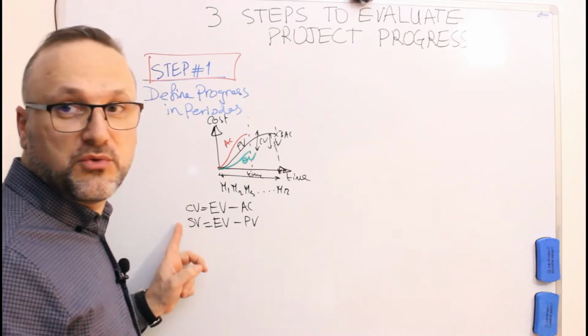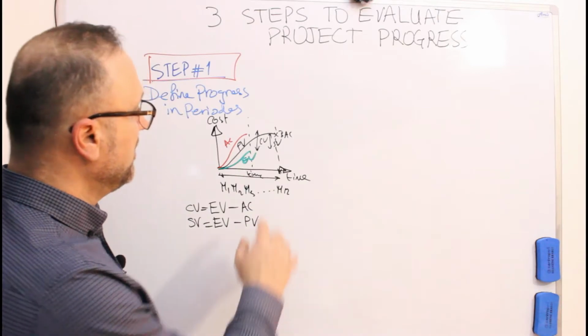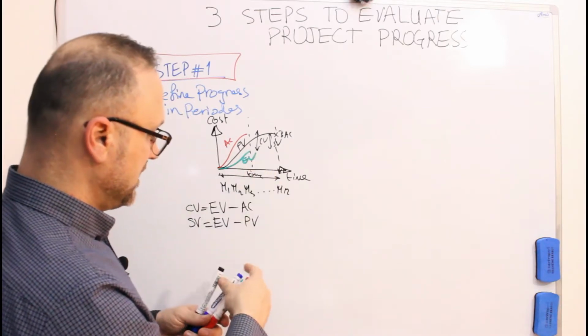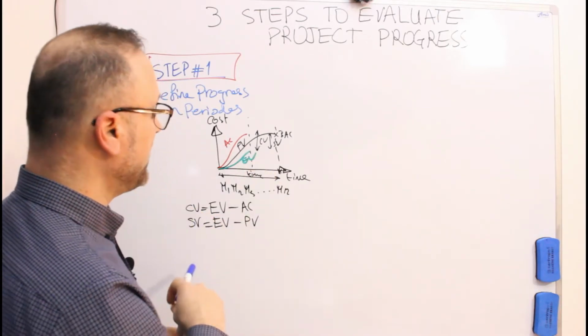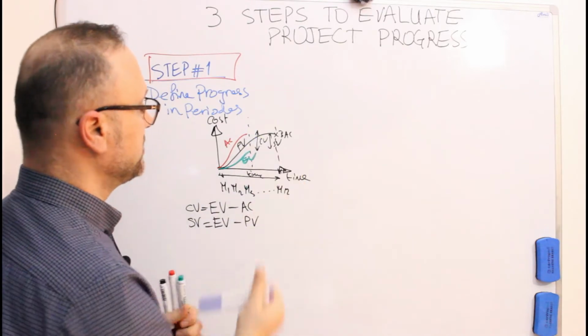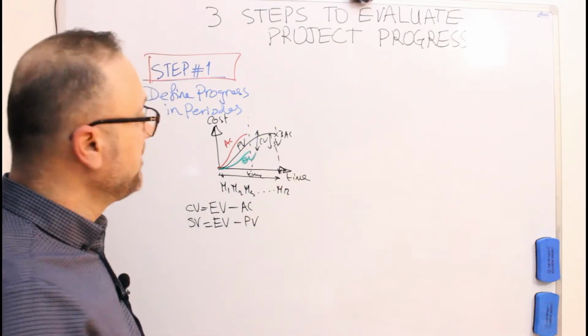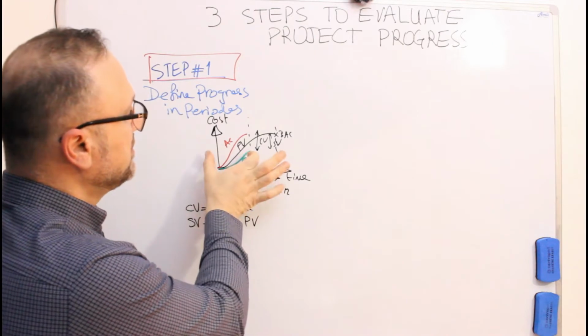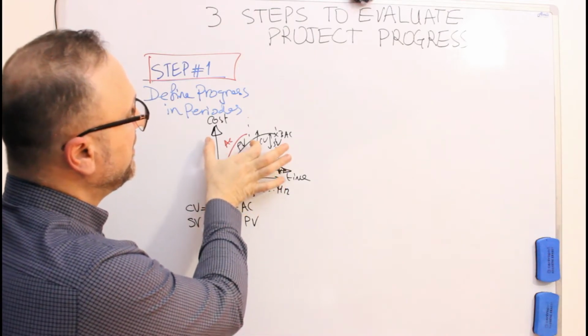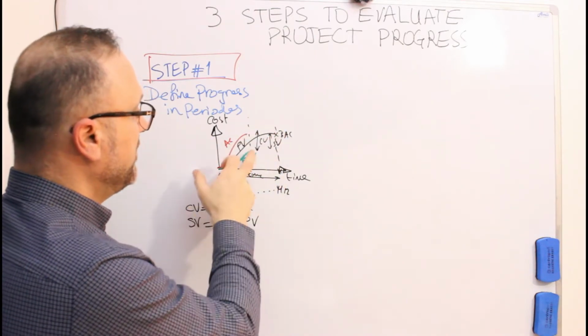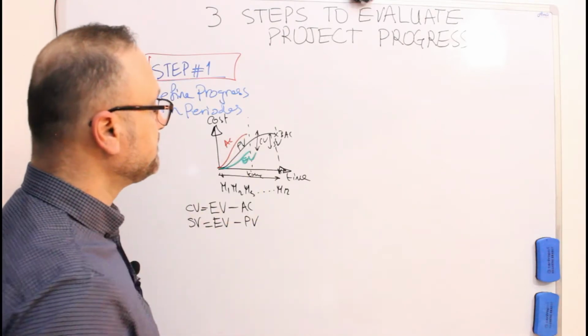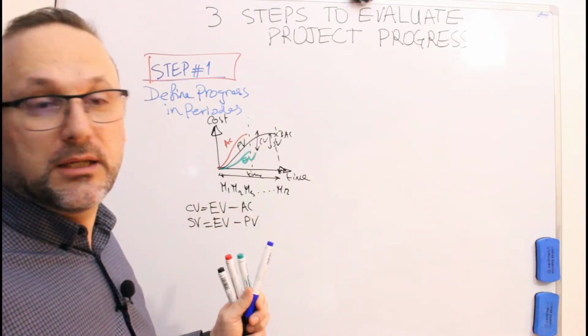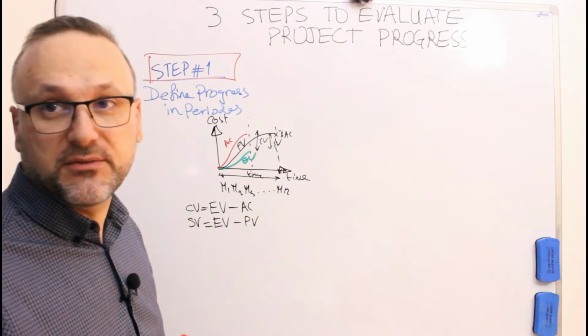How do those 2 factors tell you? Simply, cost variance is earned value minus the actual cost. If the earned value is somewhere here and the actual cost is here, then you can see clearly that the cost variance is negative.